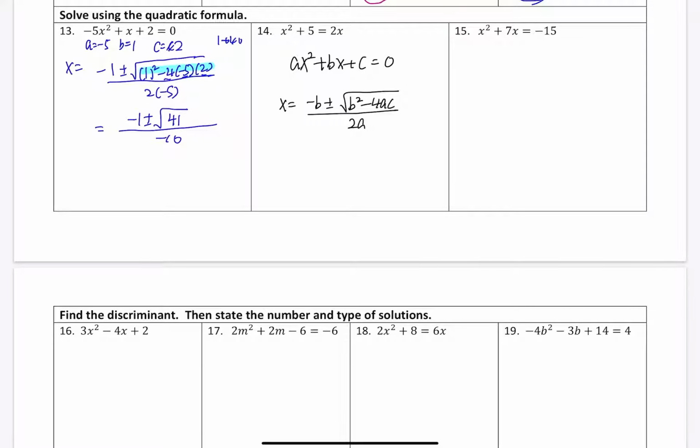All right, because the denominator has a negative, we get rid of it by multiplying by negative 1 in numerator and denominator. So the denominator is positive 10. Numerator, negative 1 times negative 1, positive 1, plus minus square root of 41. Positive negative is negative, negative negative is positive. You got two solutions.